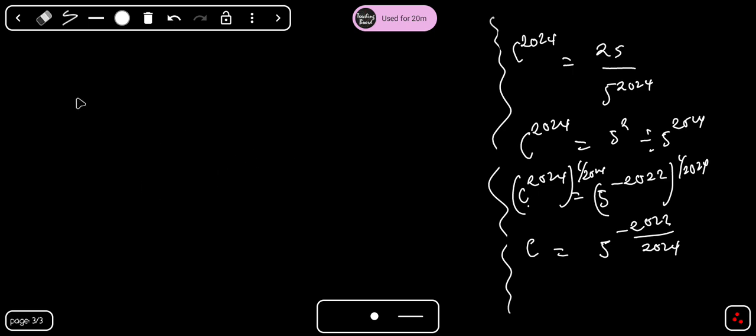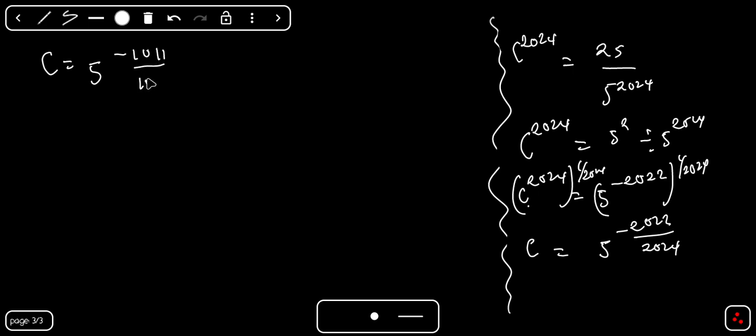We can now finalize that c equals 5 raised to the power of minus 2022 over 2024, which gives us minus 1011 over 1012. So that is the value of c.